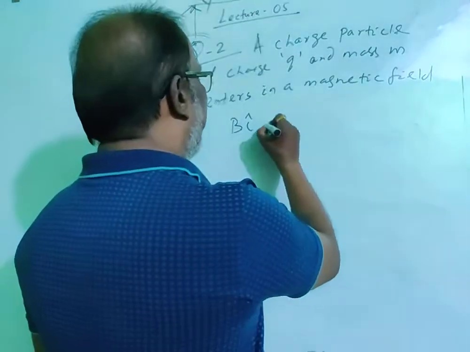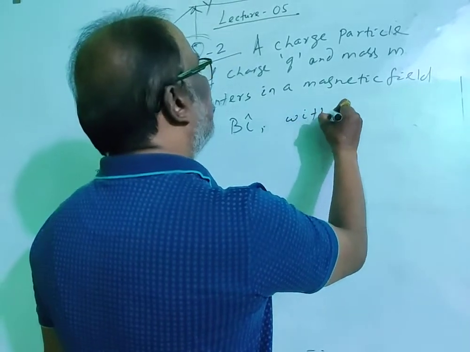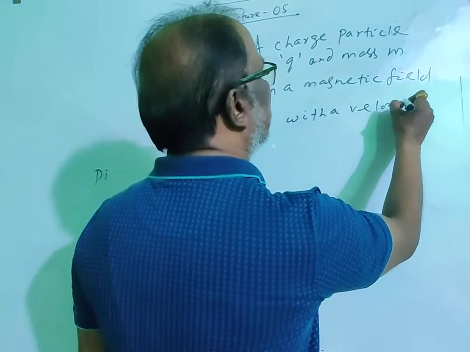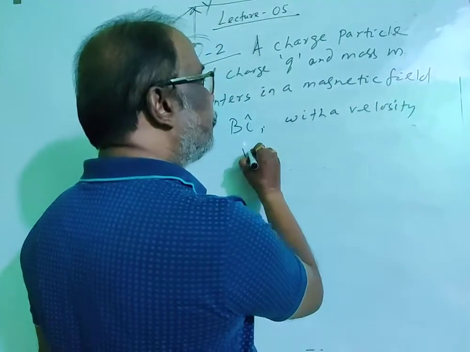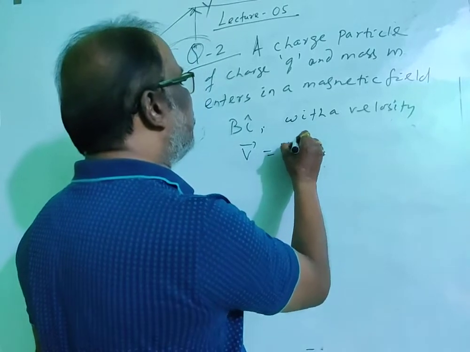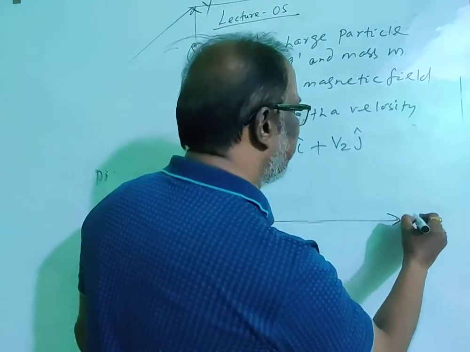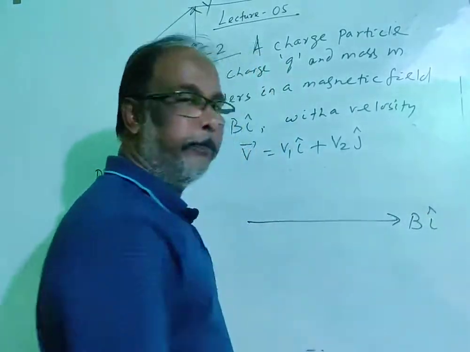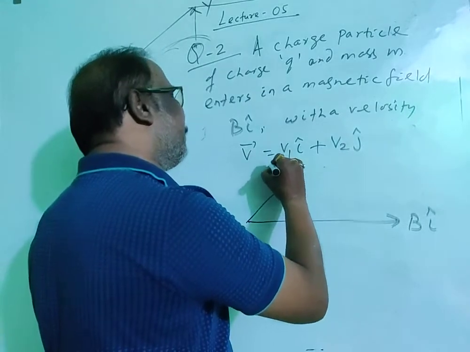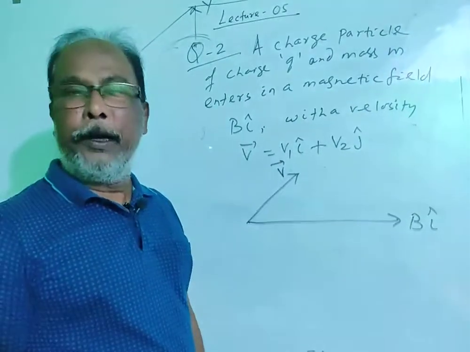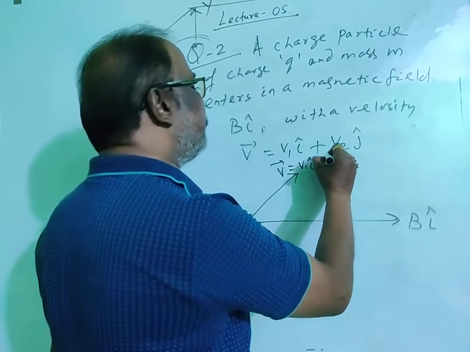With a velocity V equal to V1 i cap plus V2 j cap. See, this is the direction of magnetic field B i cap along positive x-axis, and this is the direction of velocity V, which equals V1 i cap plus V2 j cap.